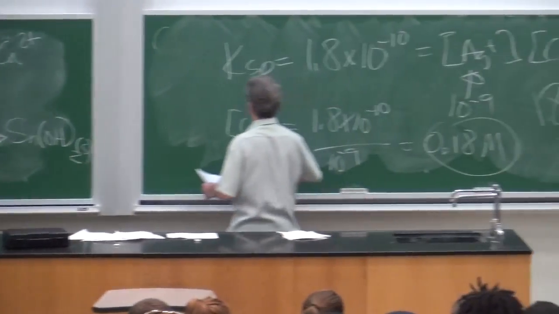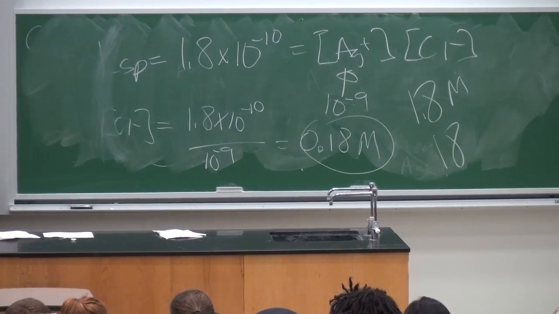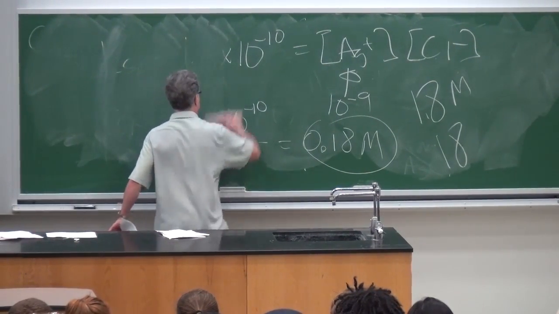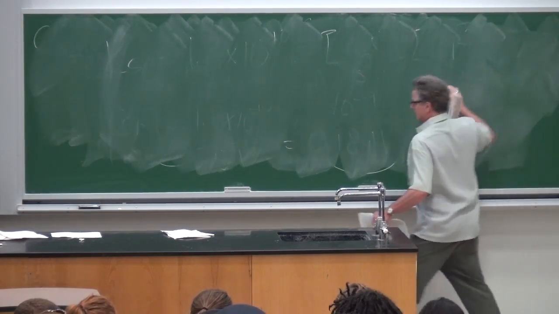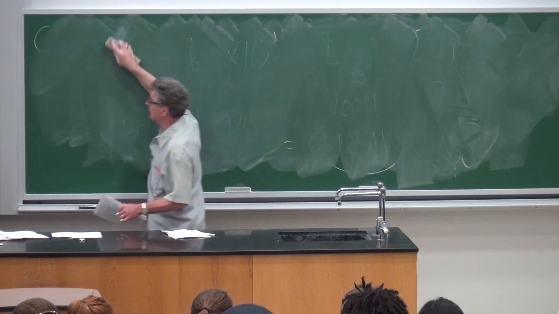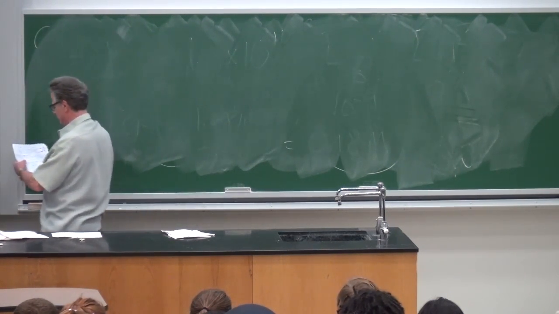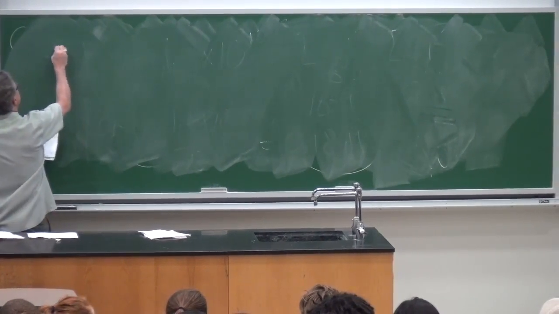So how do we know that's true? We know that's true by comparing the solubility product constants. Both tin and calcium form insoluble hydroxides.